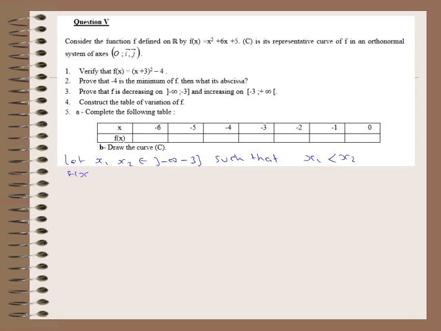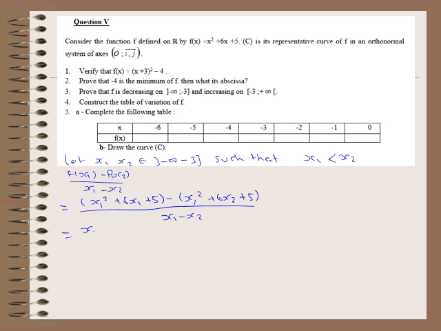Then (f(x1) − f(x2)) over (x1 − x2), and we substitute, equals (x1² + 6x1 + 5 − (x2² + 6x2 + 5)) over (x1 − x2), equals x1² + 6x1 + 5 − x2² − 6x2 − 5 over x1 − x2.